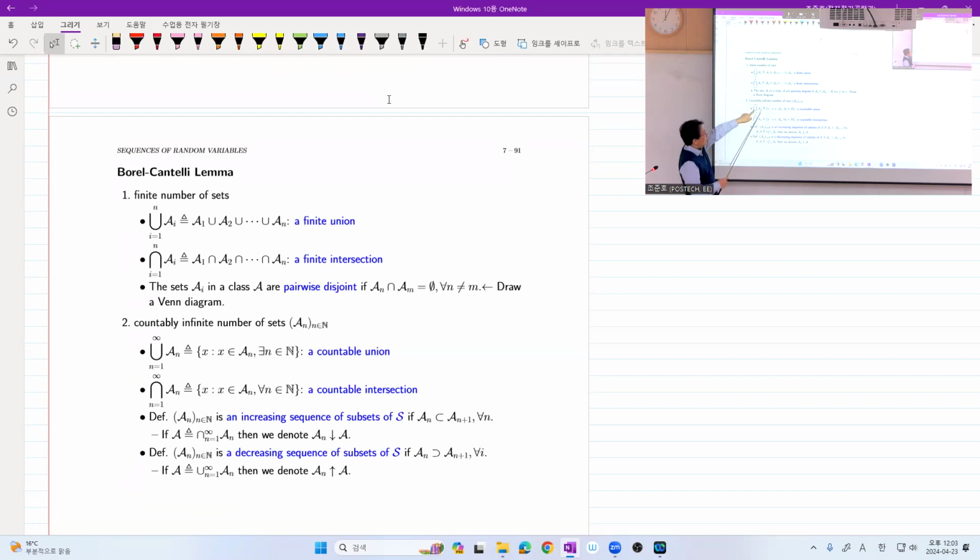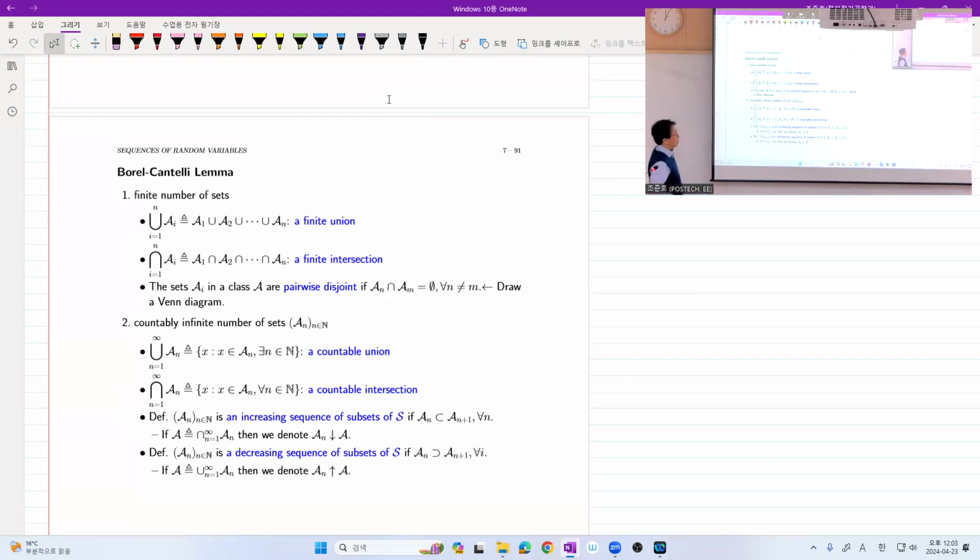If x is a member of this countable union, it means that you must be able to find at least one index n, so x is a member of A sub n for some n. For the countable intersection, if x is a member of this set, x must be an element of every set, right? So you have for all, okay? Here goes for all and there exists.